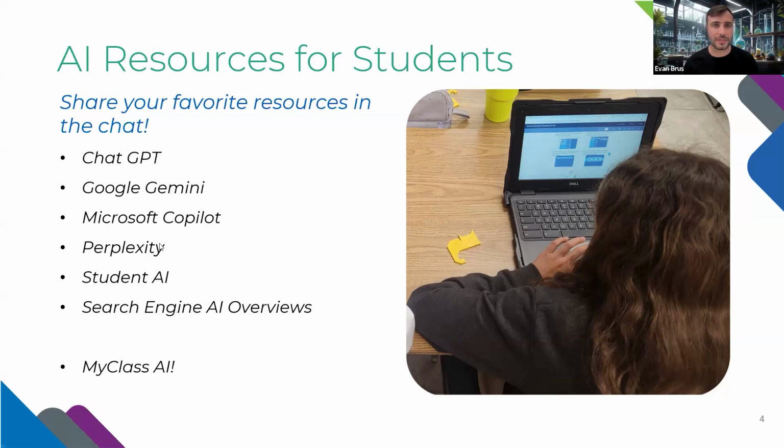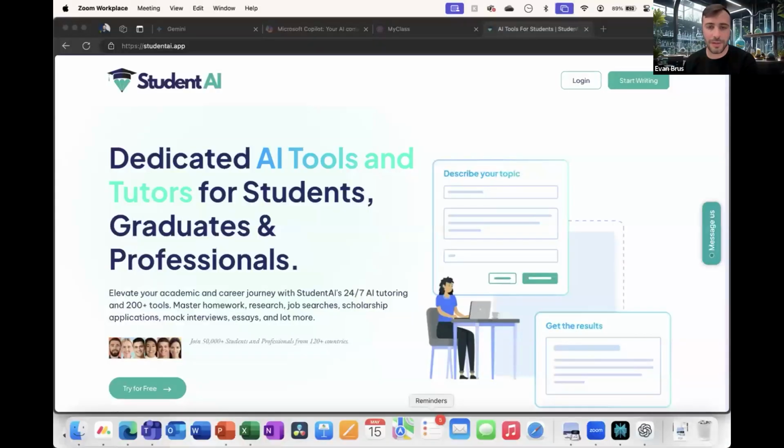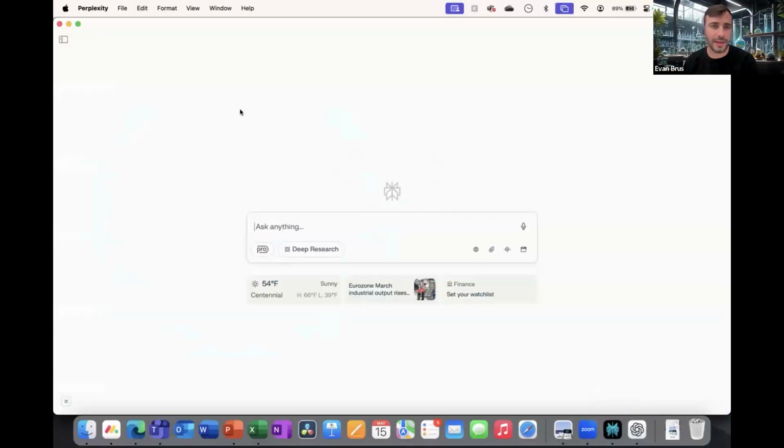And if I can take over screen share here, I believe I'll be able to do that. I'm just going to show you really quickly what Perplexity looks like. Again, it is nothing particularly mind-blowing. I have the app installed on my computer, but it is a website as well. All you have to do is search for Perplexity, and you will see the standard text box where you can ask the AI a question.